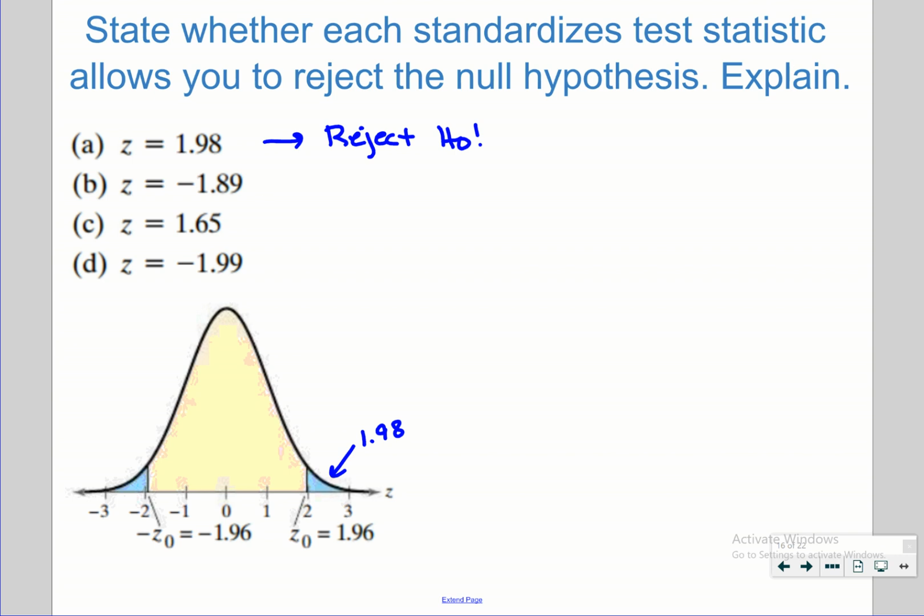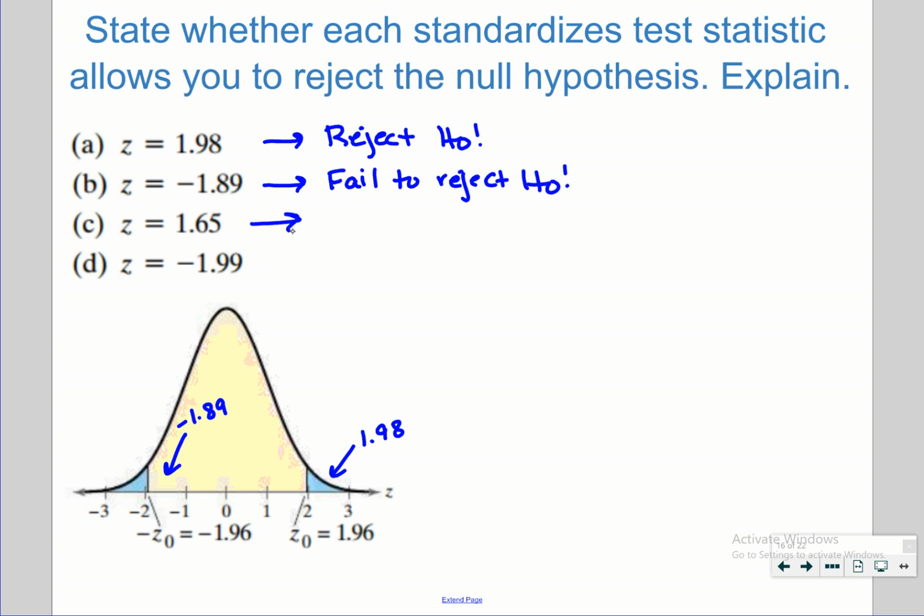Okay, what about negative 1.89? Would I reject or not reject based on that z value? Is negative 1.89 in one of my shaded regions? No, it's in the yellow over here somewhere. So we would not reject, or you could say fail to reject the null hypothesis.